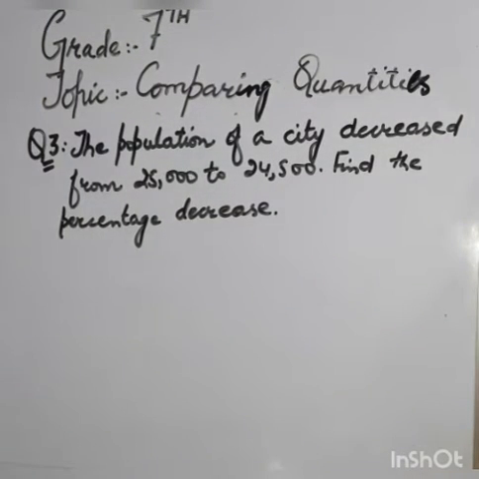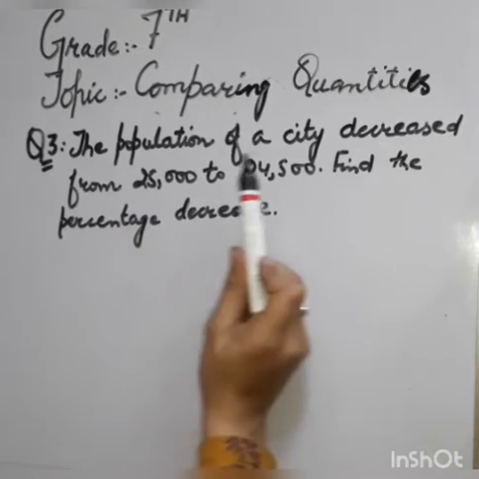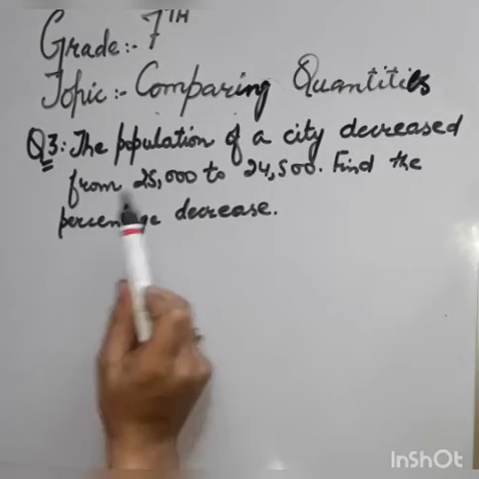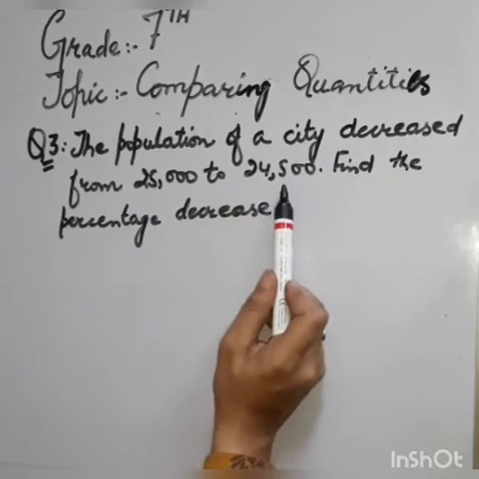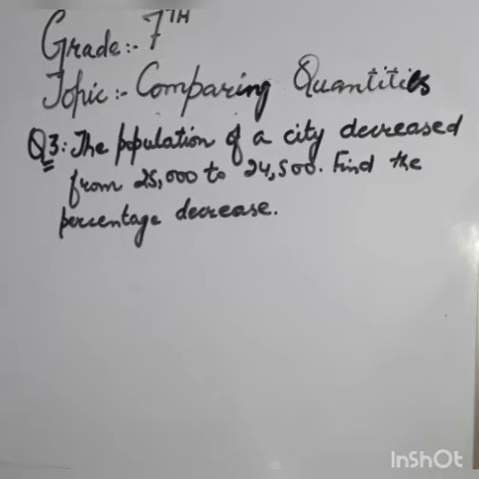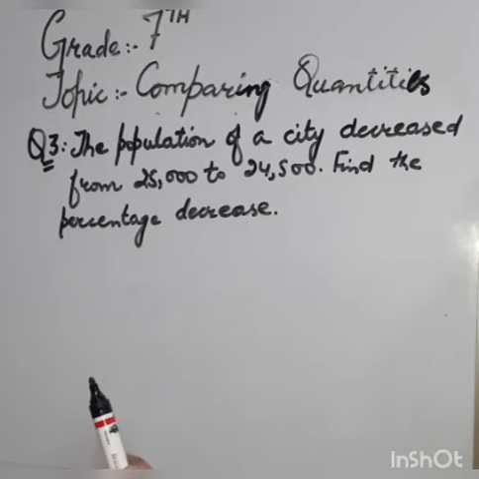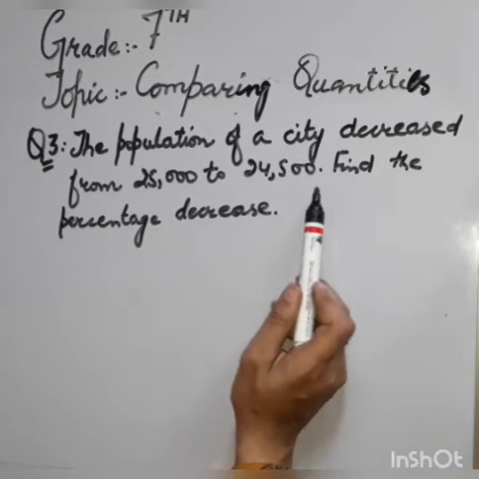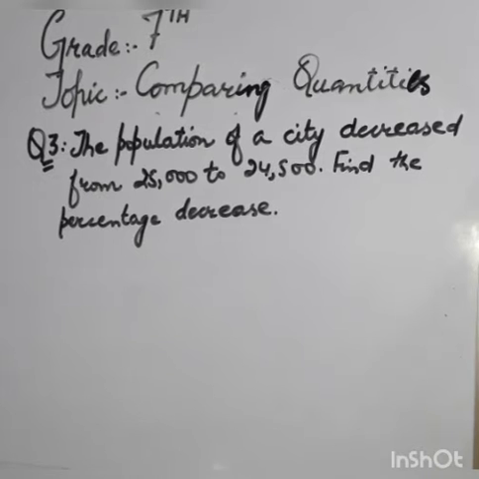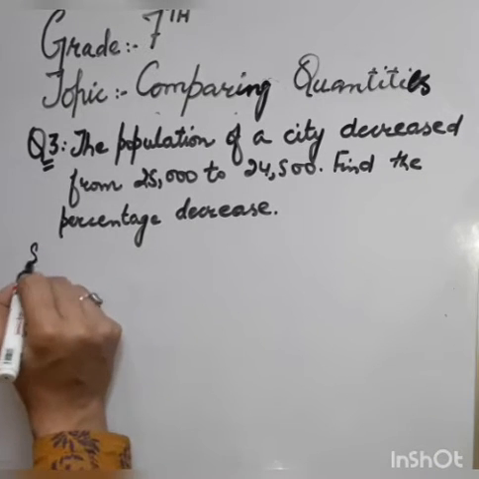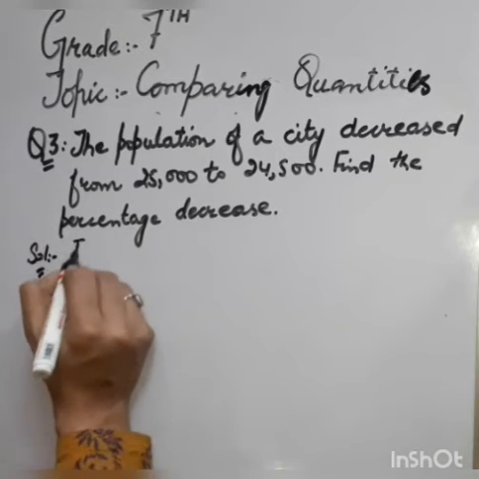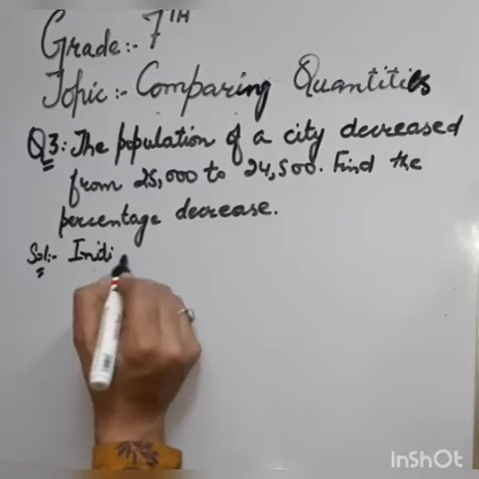Now students, question number 3 is, the population of a city decreased from 25,000 to 24,500. Find the percent decrease. The initial population was 25,000, then it decreased and became 24,500, so we have to find how much percent it decreased. So we'll write initial population.